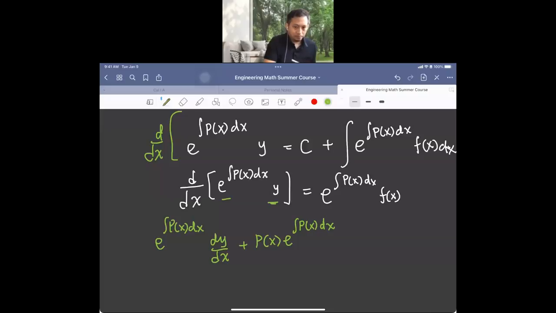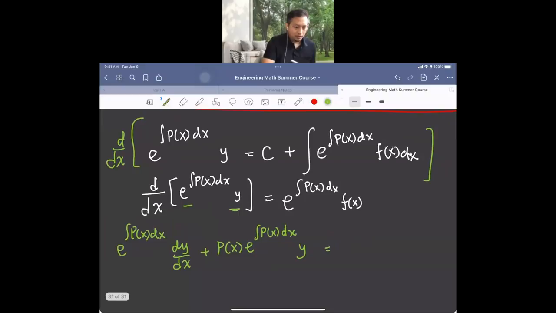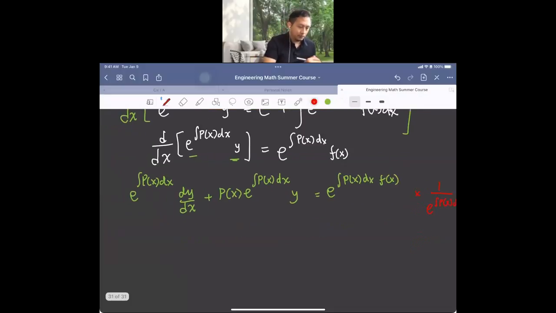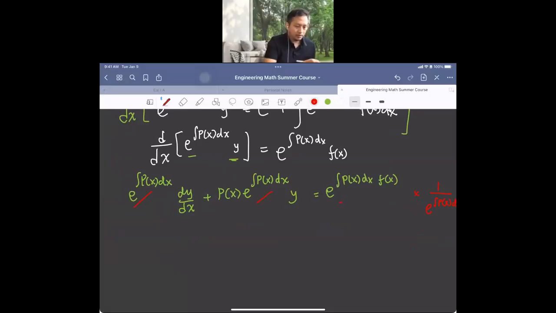And then equal to e... and if we multiply with 1 over e to the integral of p(x) dx, then we cancel all of that here, right?